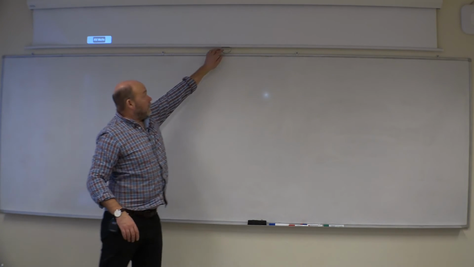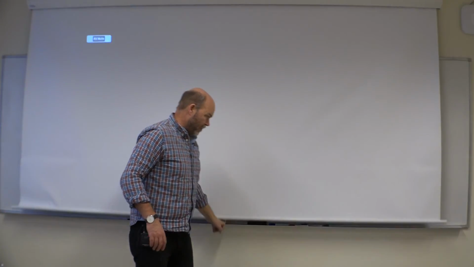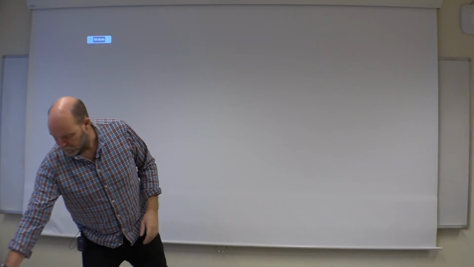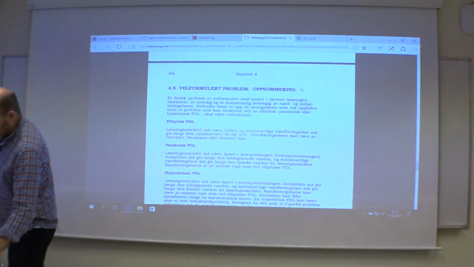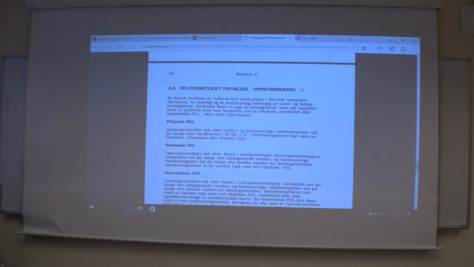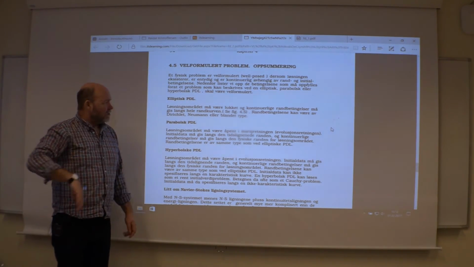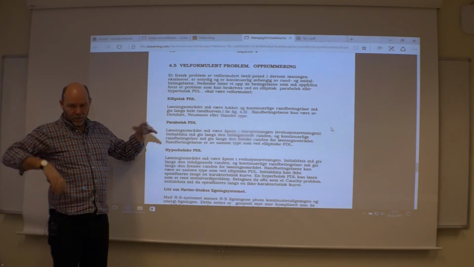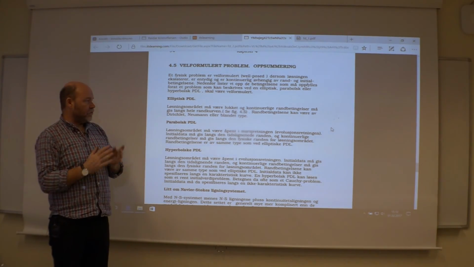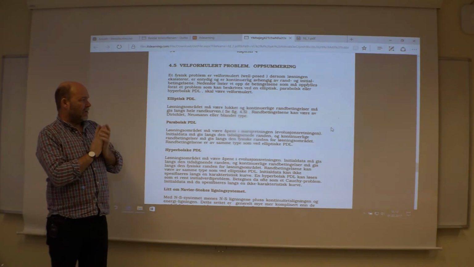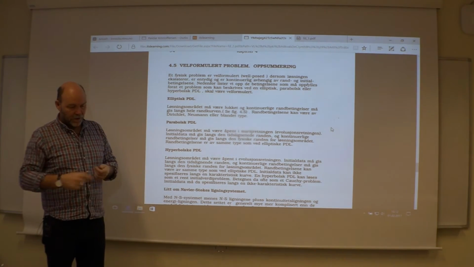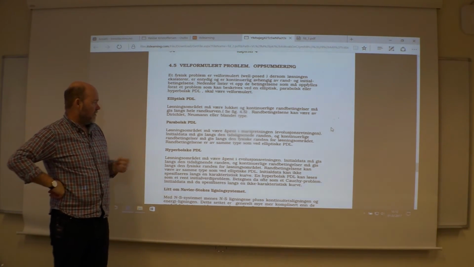Yeah, they're talking about a well-posed problem. So if it's elliptic, okay, then you have to use boundary conditions continuously around the entire control surface.